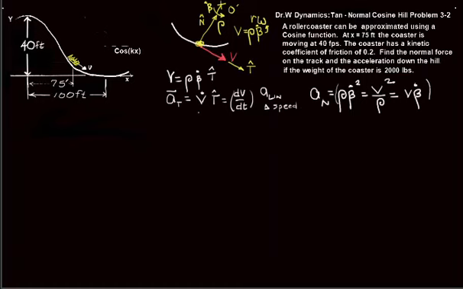So a lot of different ways to write it. We just pick whichever one is convenient for the case. And keep in mind that this is all centripetal acceleration. All right, so this forms the basis for our reference frame.